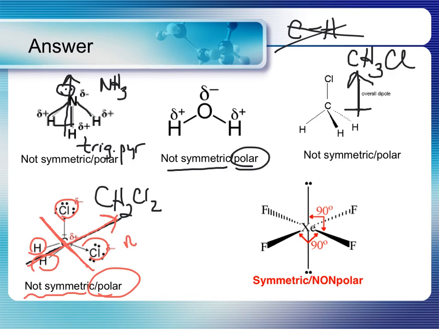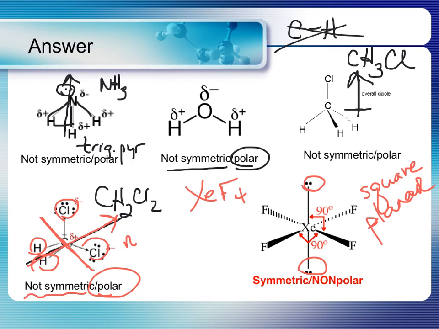And finally, xenon tetrafluoride. Okay. It turns out that its molecular shape is square planar. It starts out as an octahedral electron domain shape, but because of the non-bonding pairs, it ends up square planar.